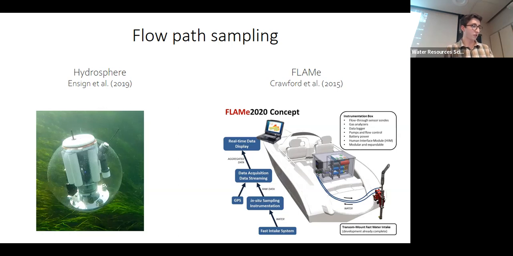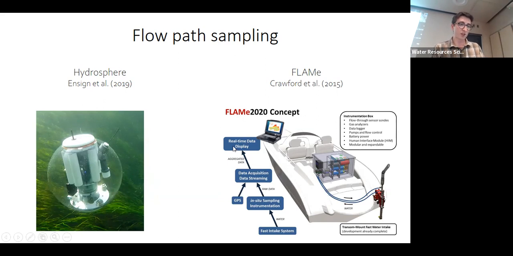We have the hydrosphere, which is essentially this buoyant orb that you could place in the water. It has all these different water quality sensors on it, and it would float passively down a stream. You have the FLAME from the University of Wisconsin, the fast limnological automated measurements.